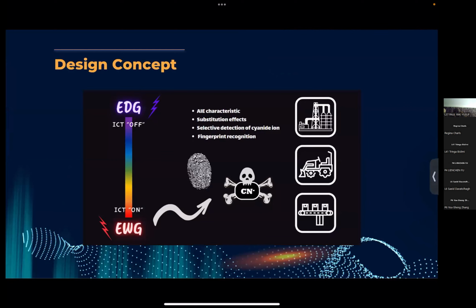And next, our study addresses the challenges by designing molecules derived from imidazole with diverse push and pull electron groups, and exploring their photophysical properties and evaluating their potential for selective and sensitive detection of specific ions.